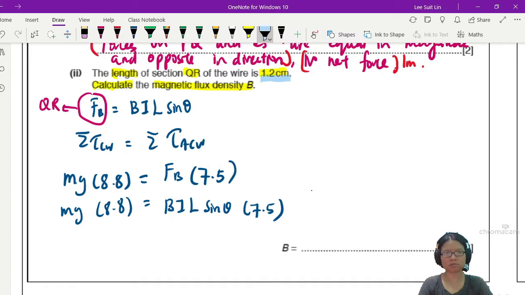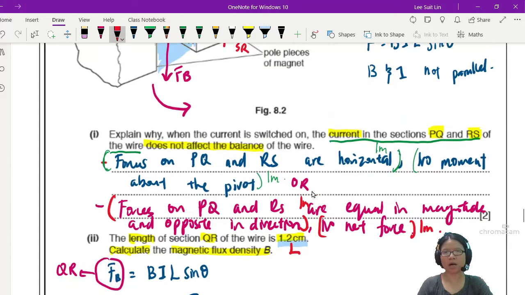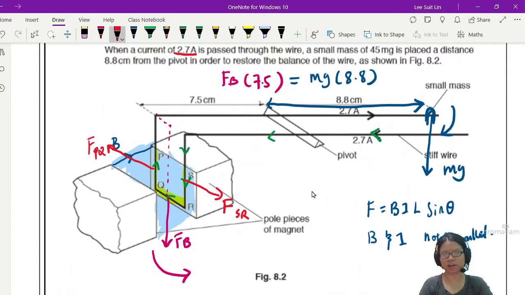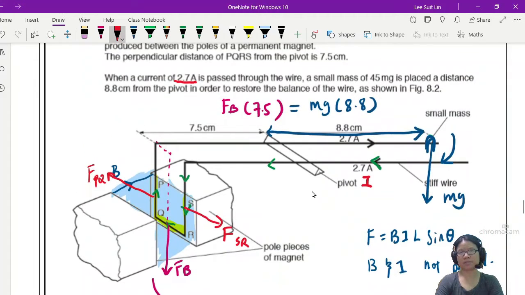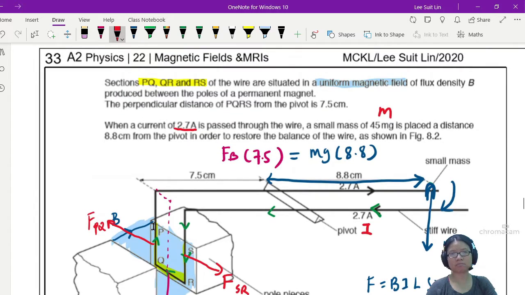This is L. I write big L. Do we have the value of current? Yes, this is I. Do we have the value of mass? Yes, this is M. Okay, what else are we missing? We are looking for the length QR, so this one we can keep as an unknown. But I think that's it for now.